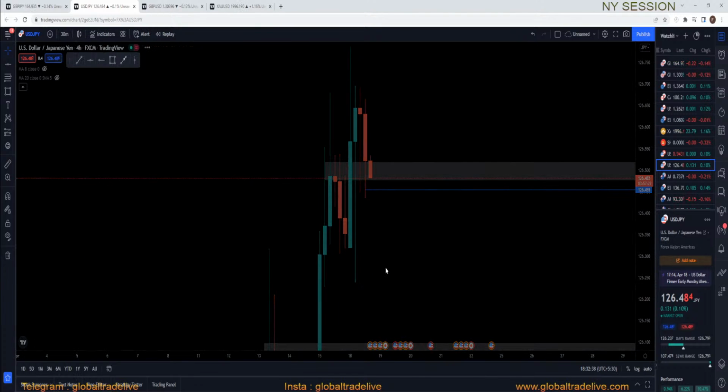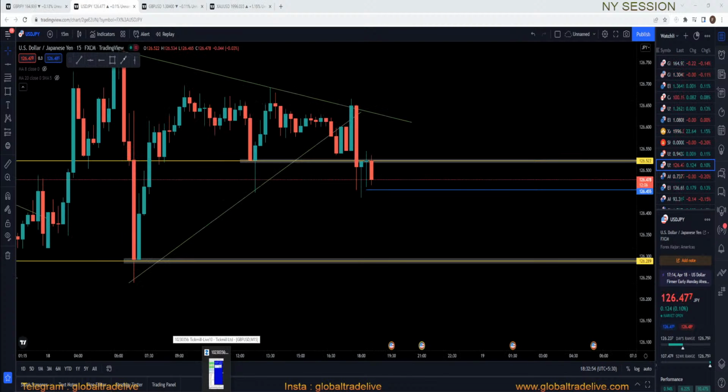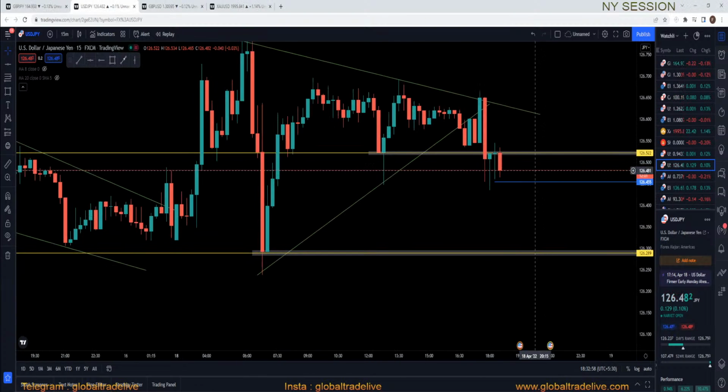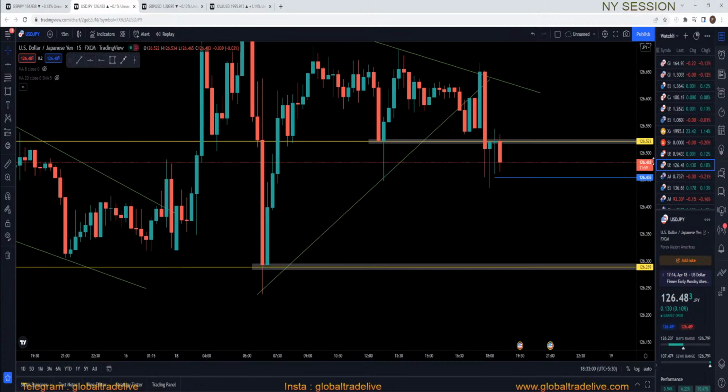Oh, UJ is dropping down. So it's about to break the low of the previous candle.